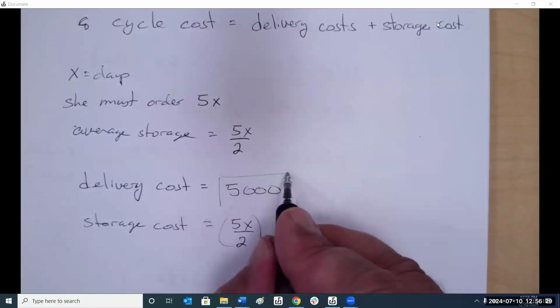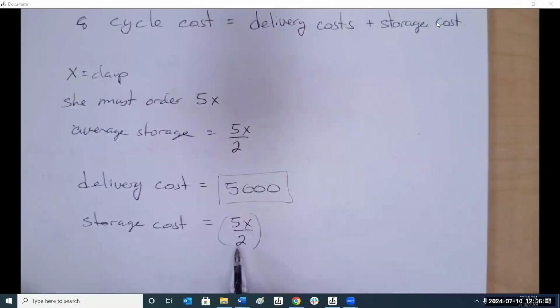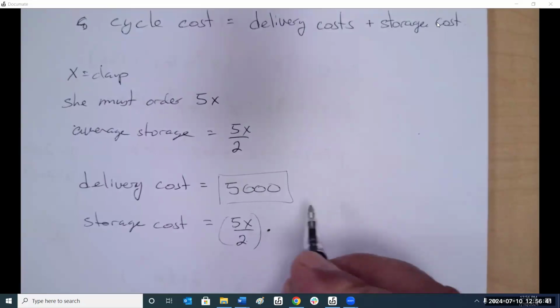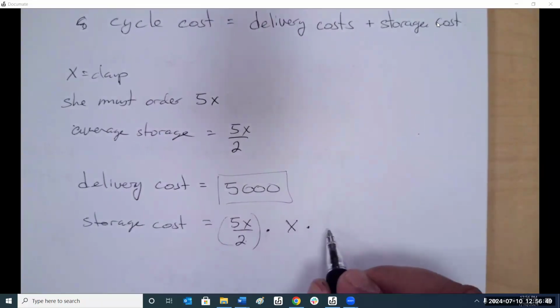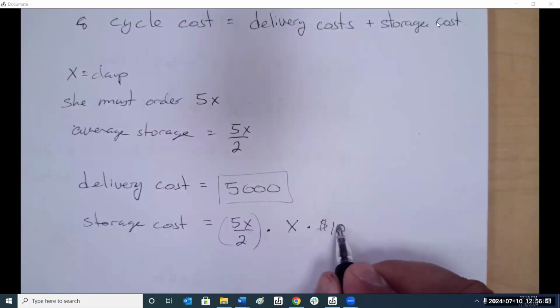Remember, the delivery cost is a one-time thing. The storage, on the other hand, is dependent on the average storage cost times how many days it's going to be stored times the cost.